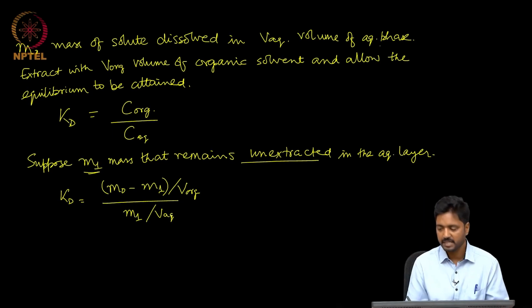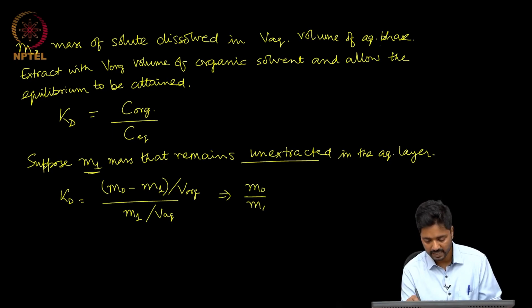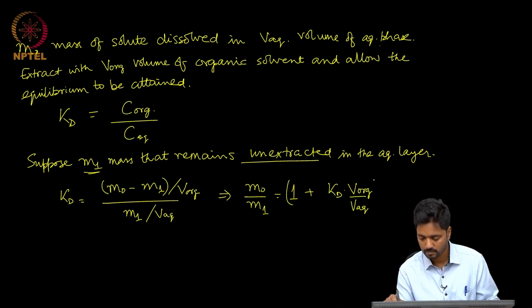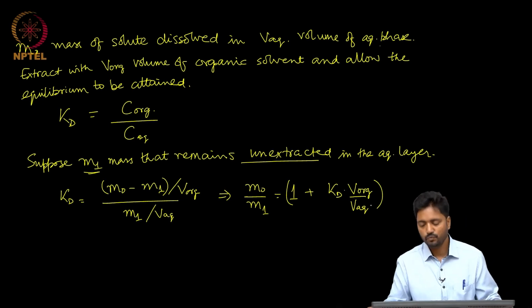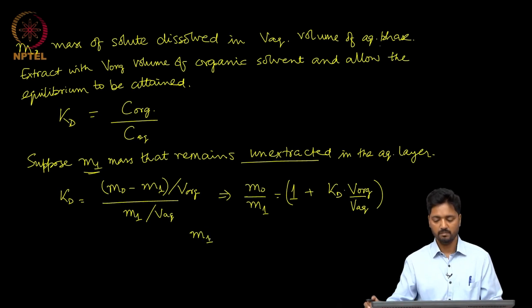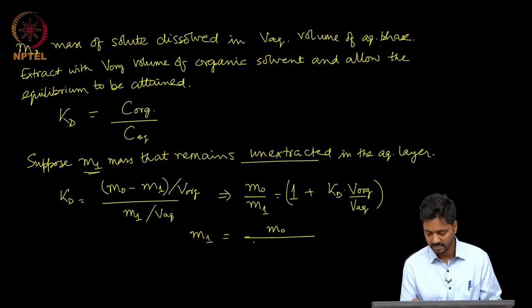And when we rearrange this, we get m naught by m1 is equal to 1 plus Kd into V org by V aqueous, and finally rearranging it gives us the unextracted mass as equal to the initial mass of the solute divided by 1 plus Kd V org by V aqueous.